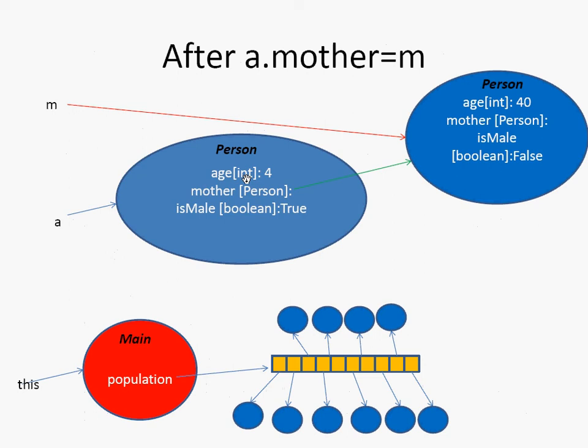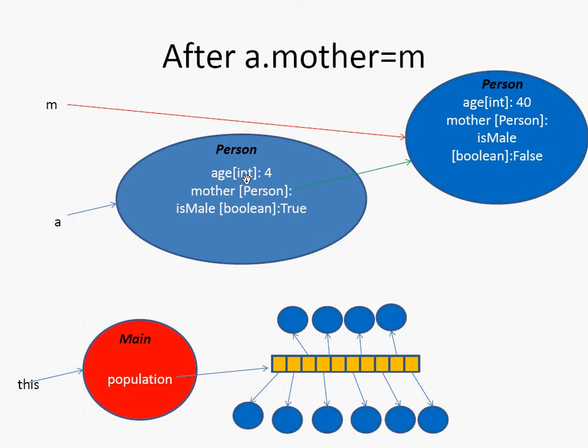Now watch this. If I say A dot mother equals this dot get main dot population 2, what's going to happen is we're going to switch. Their mother used to point to this, now it's pointing to this one here. Why? Because this referred to main, and so I do this dot get main. If I say this, it's referring to some current person.